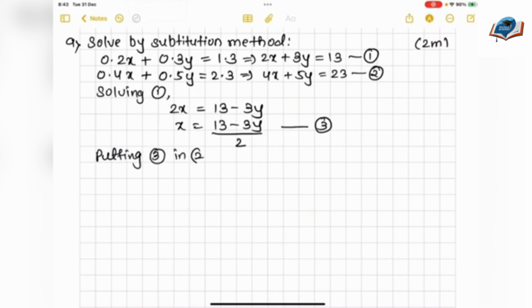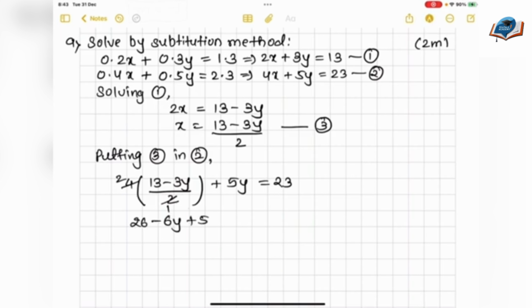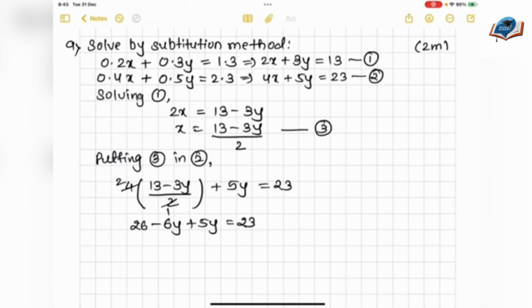Putting 3 in 2. So 4 into 13 minus 3y upon 2. So 2 twos are 4, plus 5y equal to 23. So 26 minus 6y plus 5y equal to 23. So I can say 26 minus 23 equal to y. So y equal to 3.